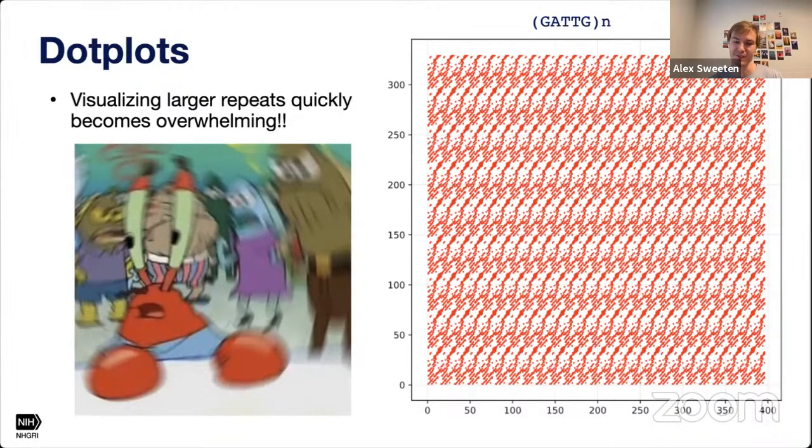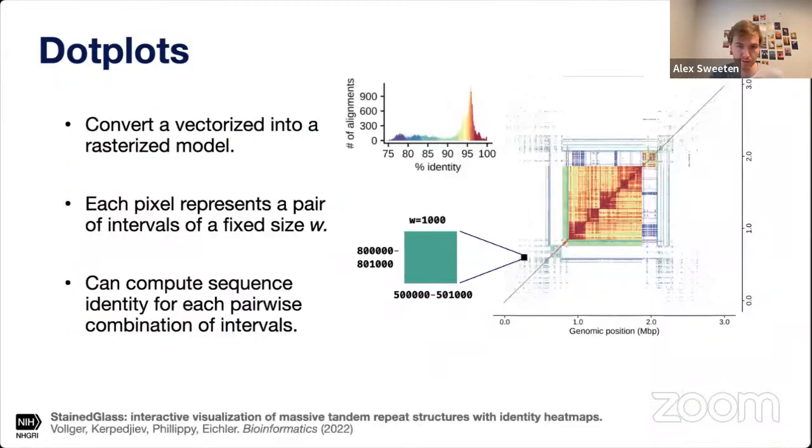And you can't really make a whole lot out of this dot plot. It's very overwhelming and confusing. It's also, not to mention, super computationally intensive to do. And this is just for 400 base pairs, when we know that satellites can span mega base pairs in size. So this vectorized approach needs some updating in order to work for our purposes, which is to visualize large satellites.